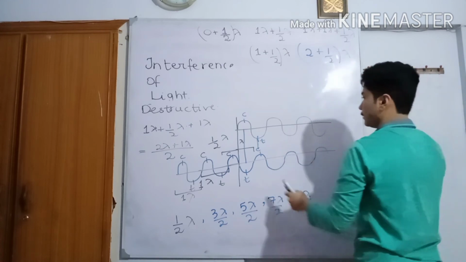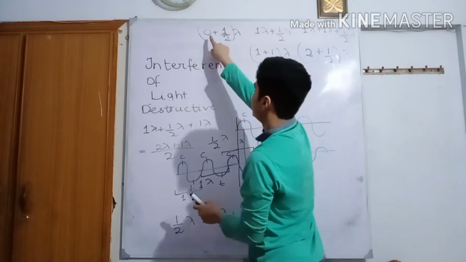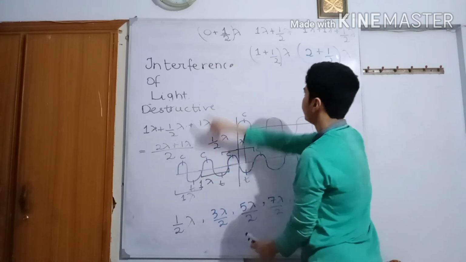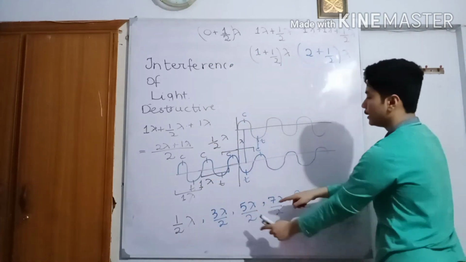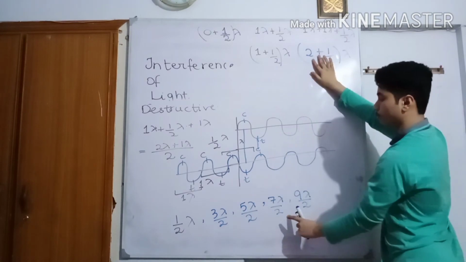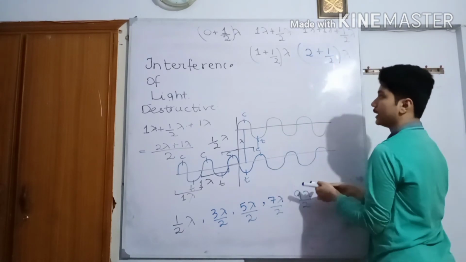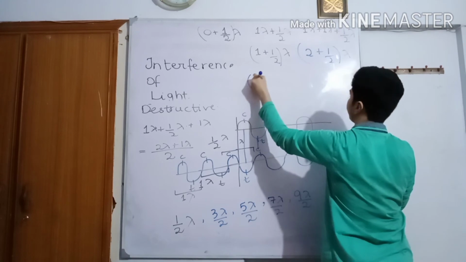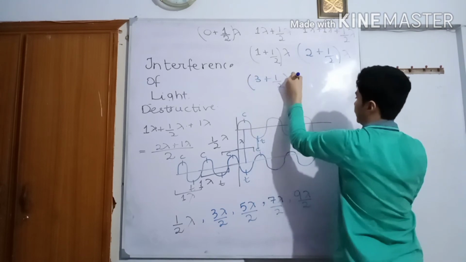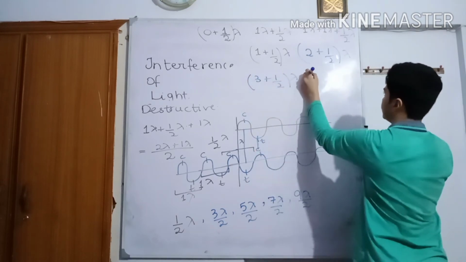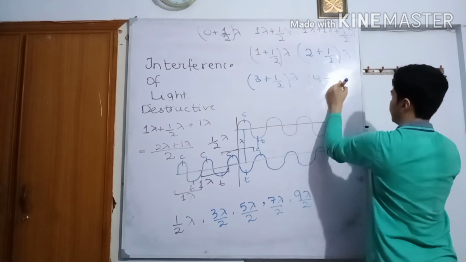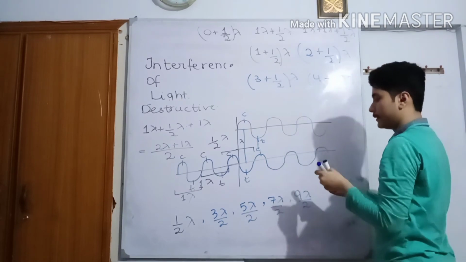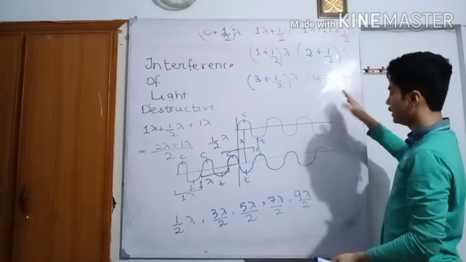When it is 0, then it is half lambda. When it is 1, then it is 3 by 2 lambda. When it is 2, then it is 5 by 2 lambda. And you can say that when it is 3, then it is 7 by 2 lambda. When it is 4, then it is 9 by 2 lambda. You can easily calculate it.